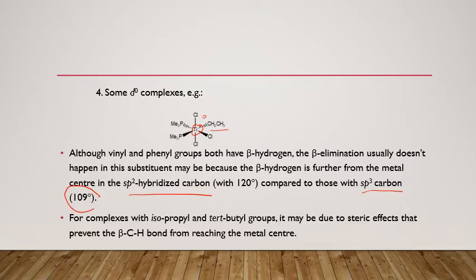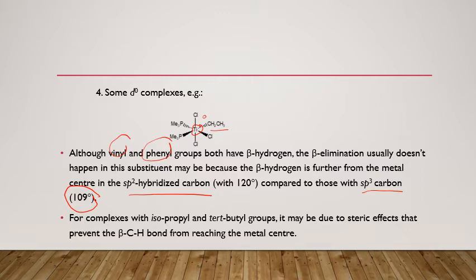The sp3 carbon is about 109 degrees to the metal center, but the sp2 hybridized carbon is 120 degrees to the metal center. Therefore, the vinyl and phenyl are not ready for the beta elimination process.